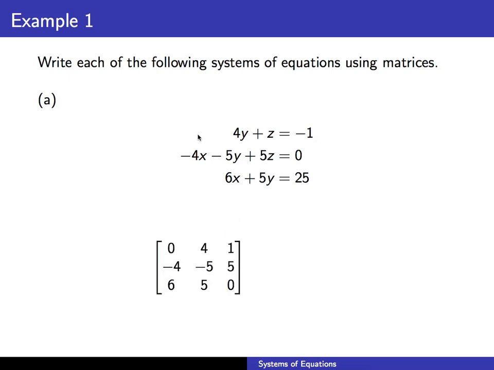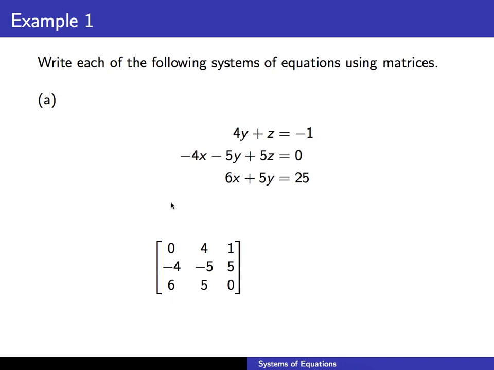You can think of the first equation as 0x plus 4y plus z equals -1. So that left-hand side would be 0, 4, and 1. Then the second equation, we have all coefficients for variables already, so -4, -5, and 5. And then our third equation, we're missing z, so we'd have a 6, a 5, and a 0.